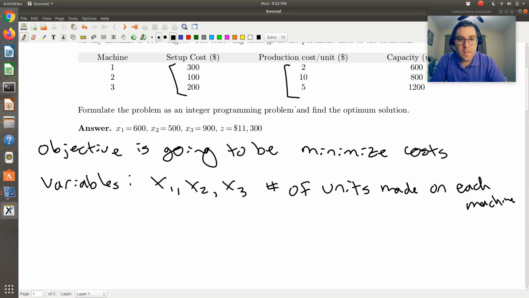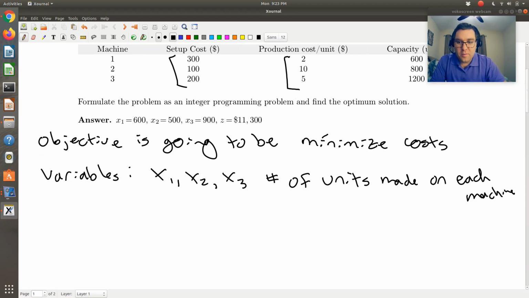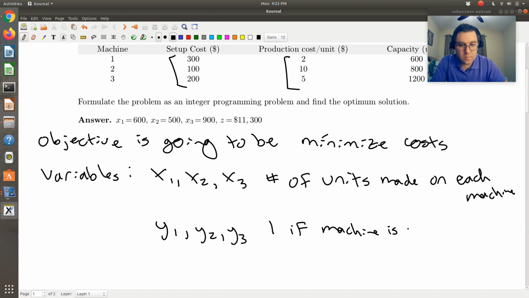And then the other variables I'm going to introduce are y1, y2, and y3, and these are going to be 1 if my machine is used, and 0 if not.